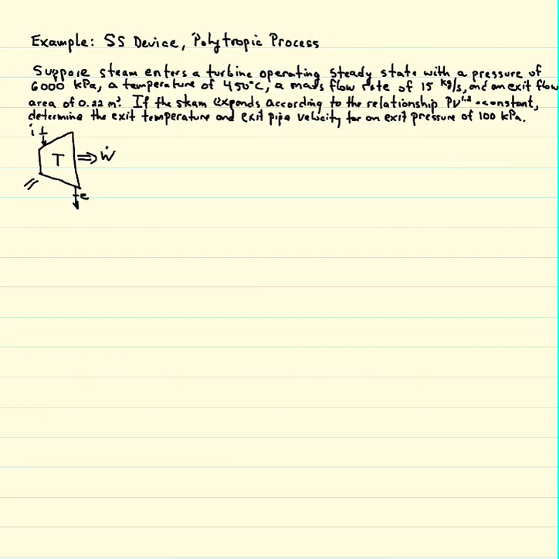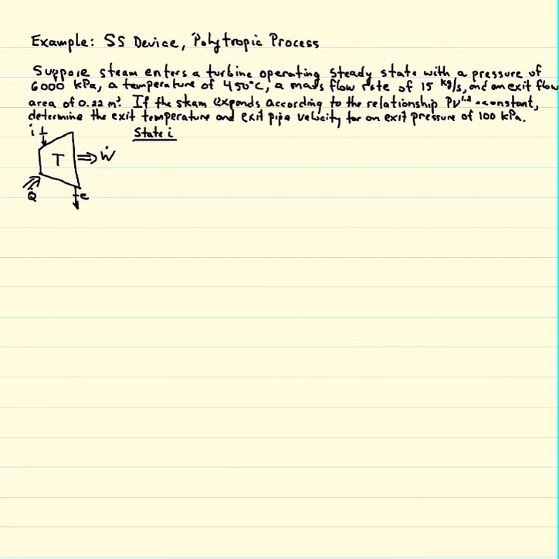And then, just for completeness for our general control system, I'll draw this Q dot on here. As we do more and more of these steady state device problems, that Q dot won't be there. We'll be studying what we call adiabatic processes, which means that there's no heat transfer. But just for completeness, I'm going to go ahead and write that there for now.